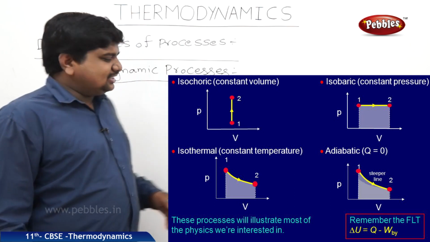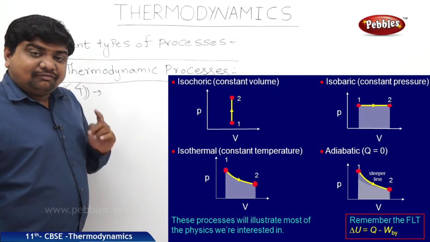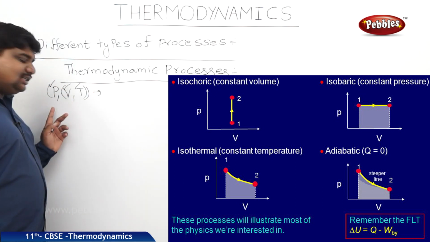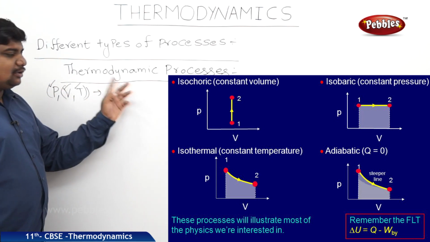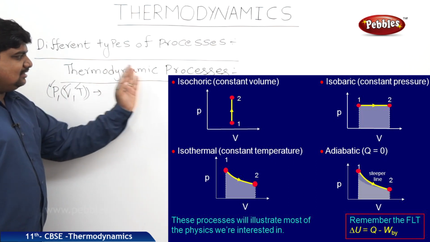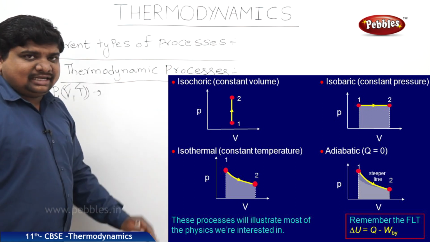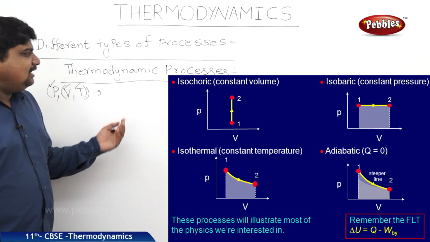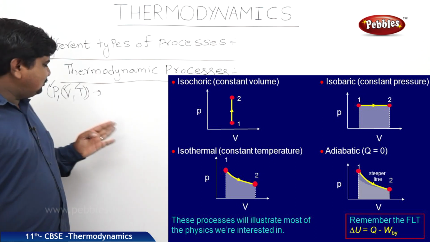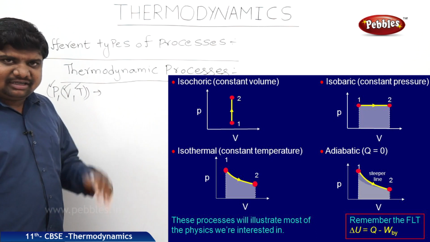These are the situations we can experience in every thermodynamic process. If pressure is constant, the process has one name; where volume is constant, it has another name; where temperature is constant, it has another name. Like that, there are different thermodynamic processes based on the variations and constants of the thermodynamic variables.